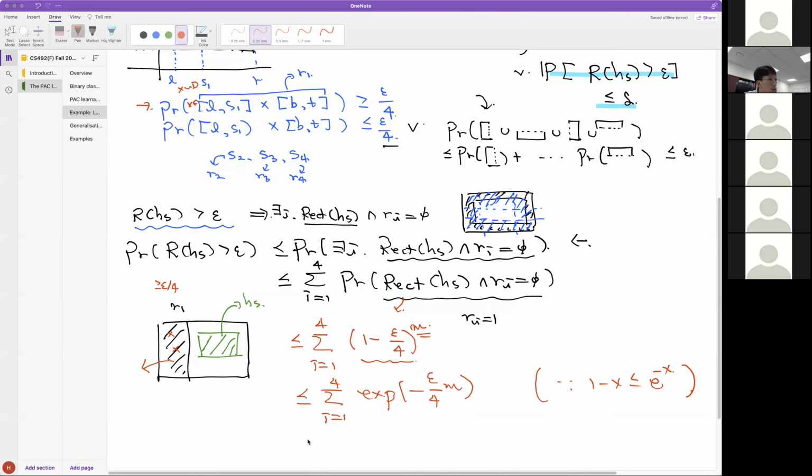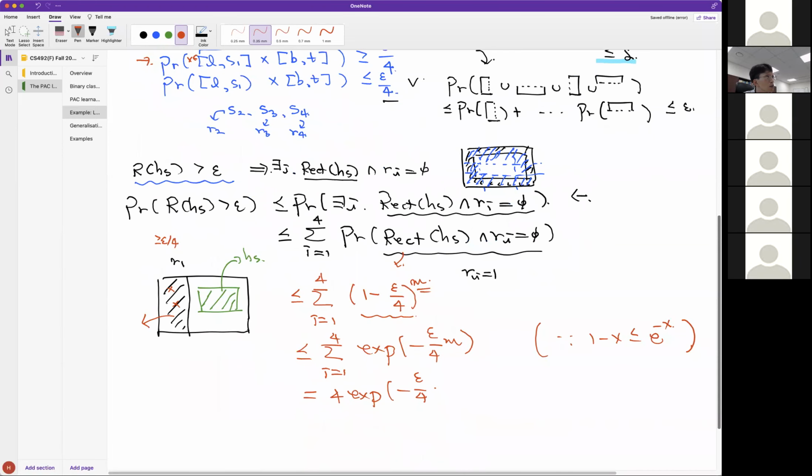So if you compute, this is the same as 4 times e to the minus m epsilon over 4, because m is at least 4 over epsilon times log of 4 over delta. So if you just plug in the number for m, all things cancel, and that will give us a delta here. Okay. So that gives us the bound for this probability.